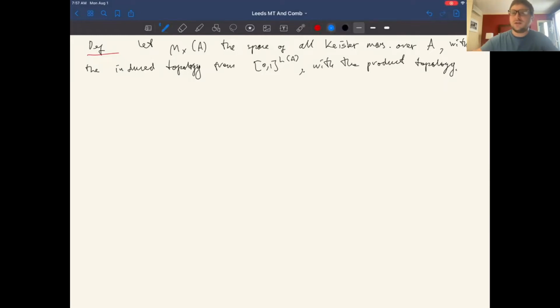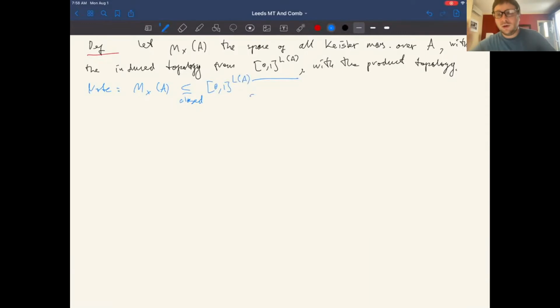Now, of course, by Tychonoff's theorem, the product space is a compact space. And so it remains to observe that the subset of measures in this space is a closed subset. So note that M_x(A) is a closed subset of the product space.